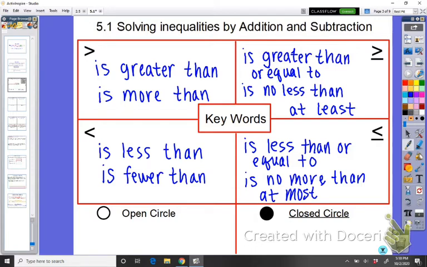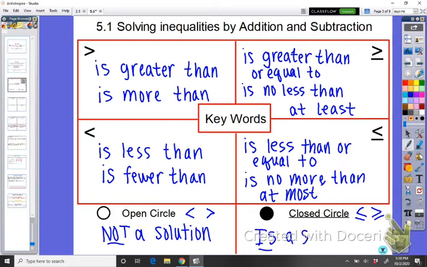So when you see an open circle, that is when you use one of these signs without the underline underneath, and this means it's not a solution, but it might start at a specific number. And when you see the closed circle, that's one of the underlines, or equal to one, and this means it is a solution. And that will make more sense when we solve in the next slide.